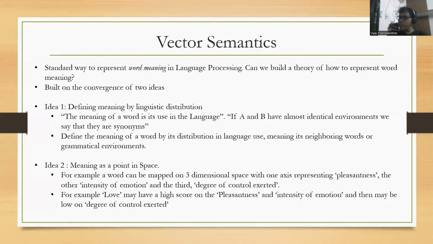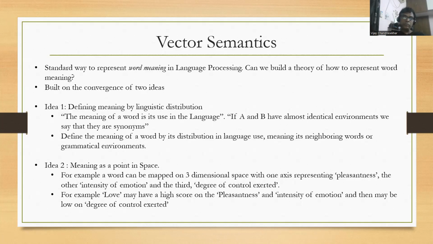Don't worry too much about what exactly is degree of control exerted. Now, the reason why I brought this up is, somebody came up with an idea that, look, I can represent words as a vector in 3-dimensional space. In his world, the 3-dimensional space was pleasantness on the x-axis, intensity of emotion that the word conveys on the y-axis, and degree of control exerted on the z-axis.